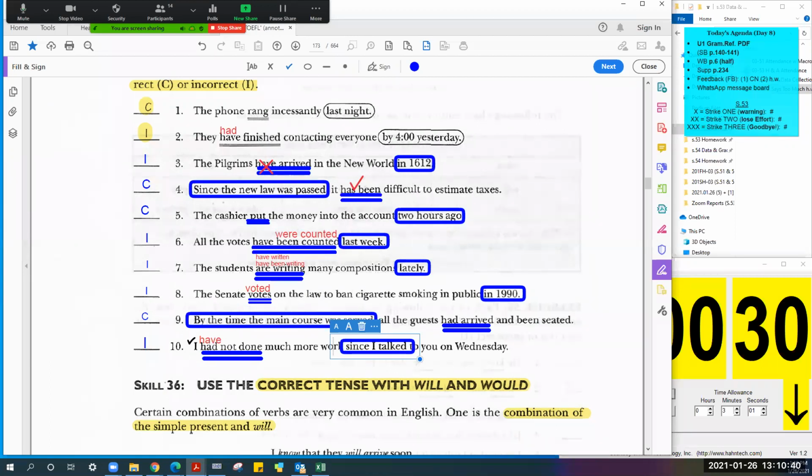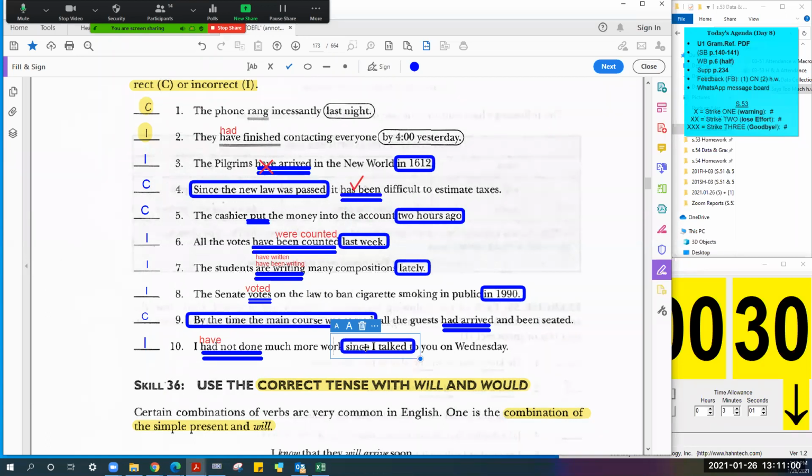Here we use the present perfect. Here is the expression from the past, from this action in the past to now.